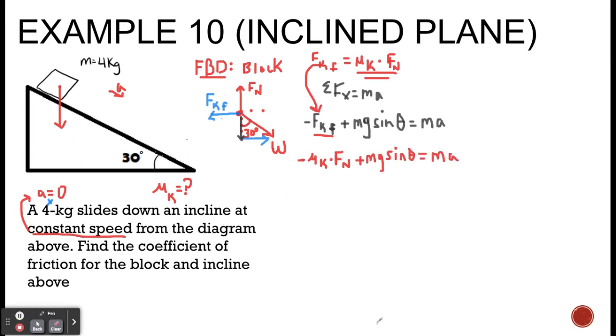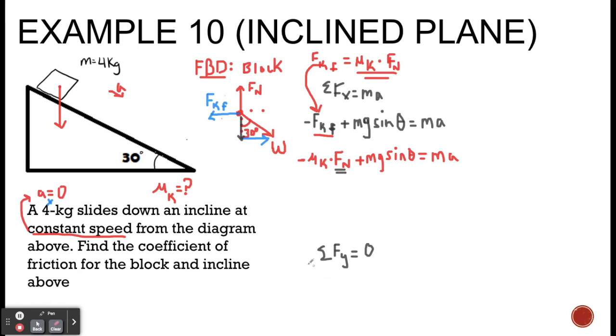We can simplify this a little bit more if we can find an expression for the normal force, F sub n, which is actually a force in the y direction. If you remember from the last example, we sum the forces in the y direction. The object will not accelerate through the surface of the incline, so the sum of the forces in the y direction will be equal to 0.